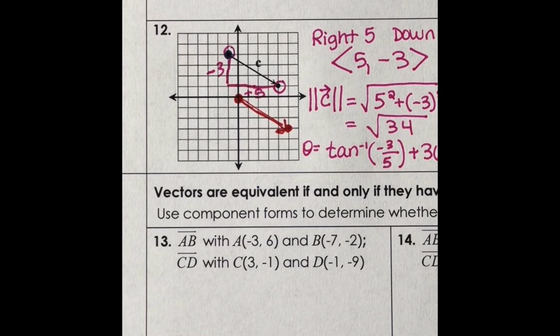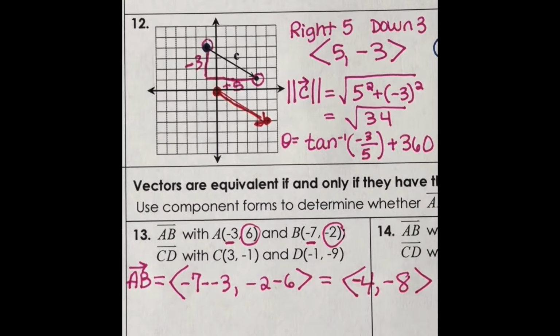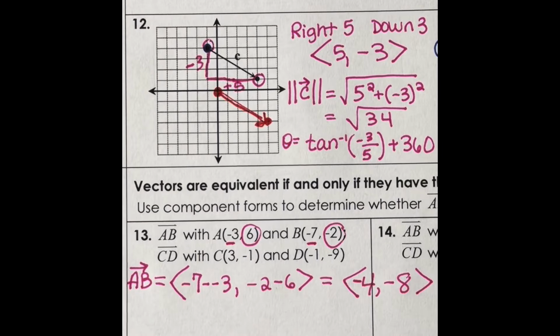So AB, we're going to take x2 minus x1, so negative 7 minus negative 3. y2 minus y1, negative 2 minus 6. And you're going to get negative 7 plus 3 is negative 4, and negative 2 minus 6 is negative 8. And then we'll do the same thing with CD.